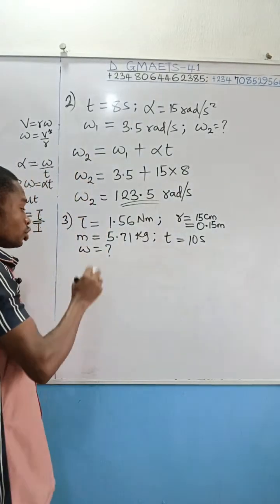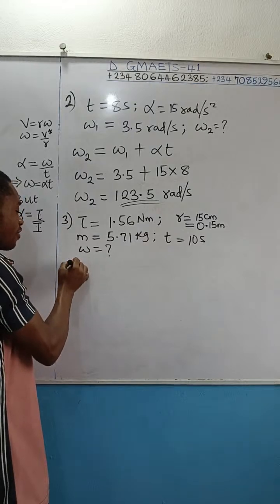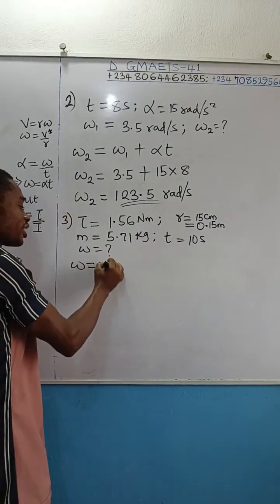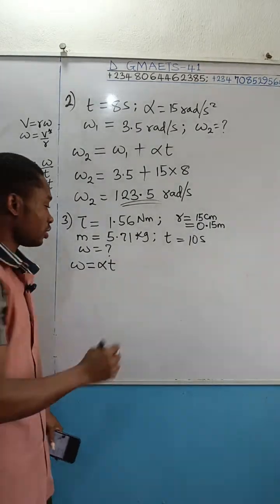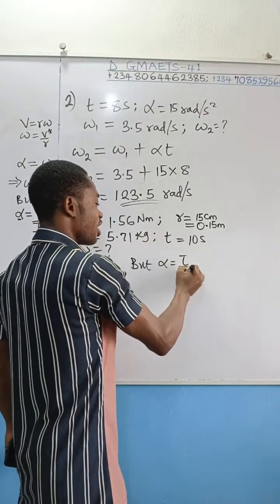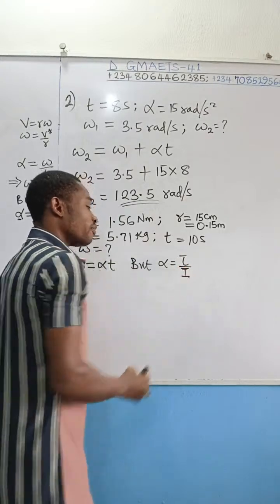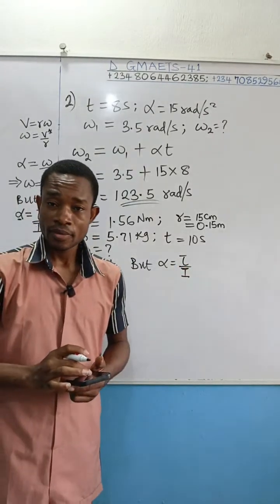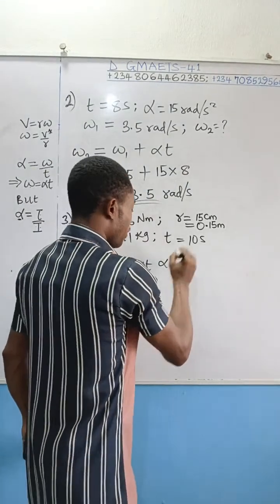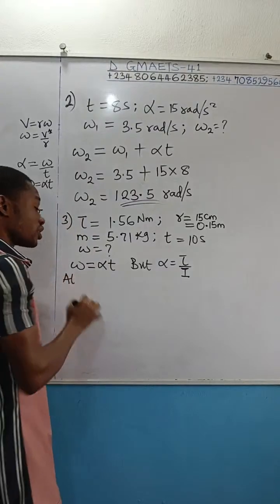To get my angular velocity, it is going to be alpha times t. That's what I'm going to use in solving. But alpha is equal to torque divided by the moment of inertia of that solid disk. Now, I have to obtain the moment of inertia of that solid disk. That's the first thing I have to do.